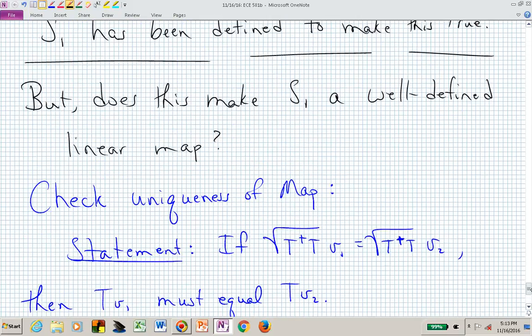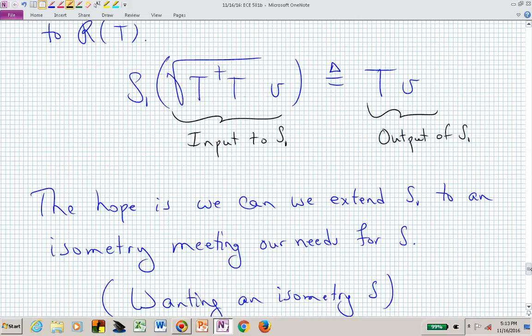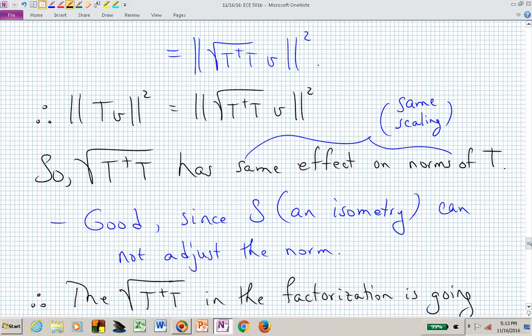But what did we just show up above? We know that we preserve the norm with this positive square root of t dagger t relative to t. We now have this norm of tv, except now v is v1 minus v2.